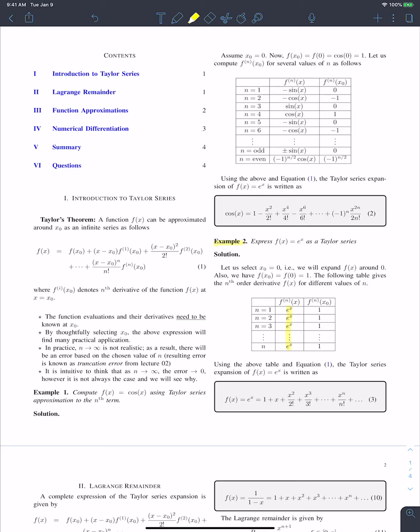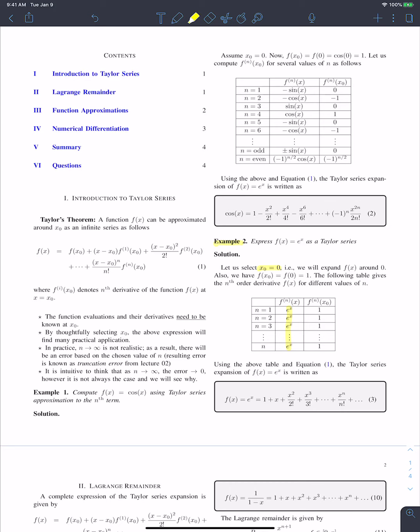If we expand around x0 equal to 0, then f(x0) for all those values is equal to 1.